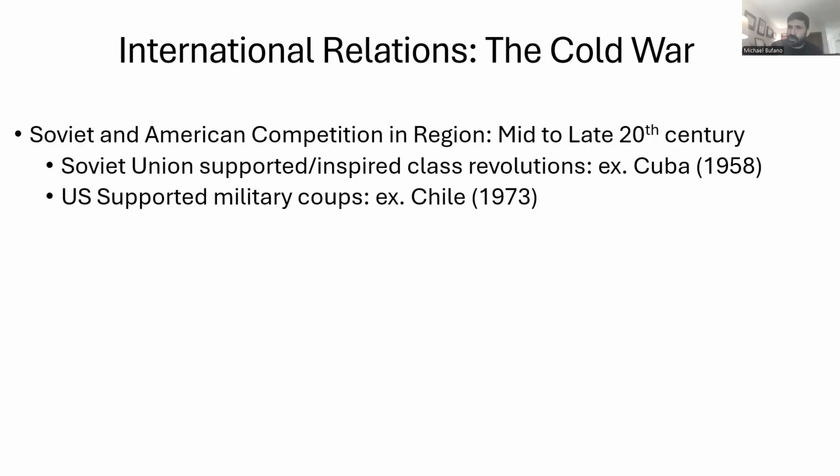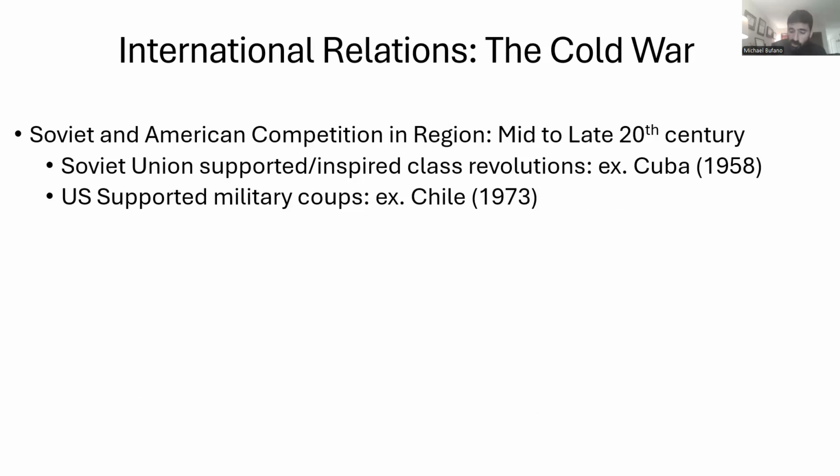But the United States, for its part, also supported its own insurgencies and military coups and overthrew a bunch of governments. For example, the U.S. overthrew a left-wing government in Chile in 1973 and installed a military dictatorship led by Augusto Pinochet.